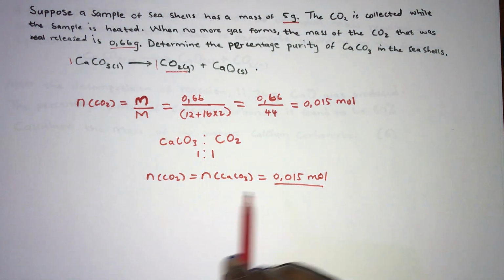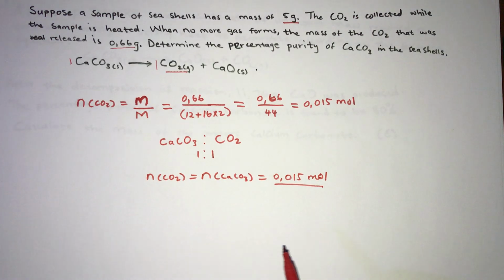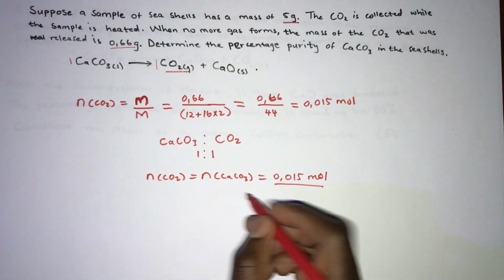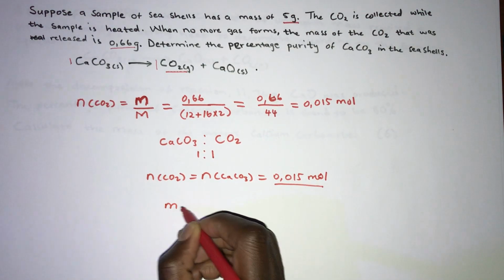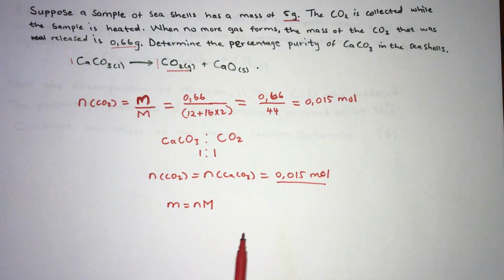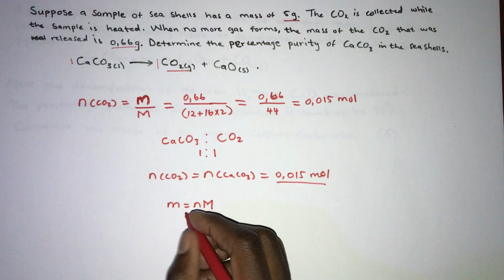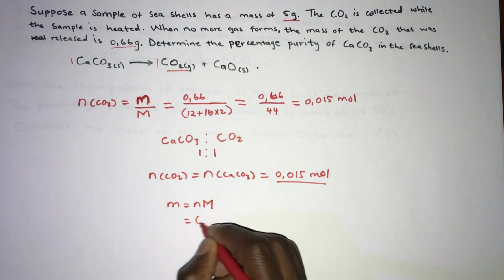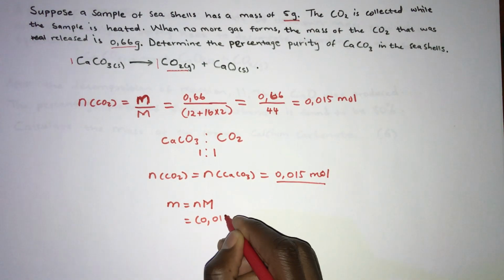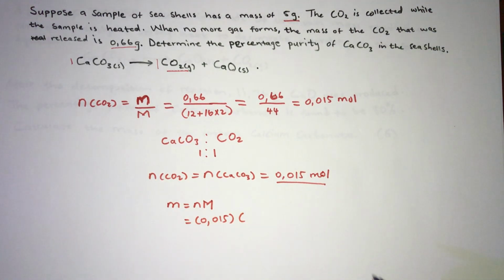Now from here we can calculate the mass of calcium carbonate, since we have the number of moles. Mass is equal to number of moles multiplied by molar mass. We took this formula from here and just cross multiplied. The number of moles is 0.015. Then the molar mass of calcium carbonate: we go to the periodic table.